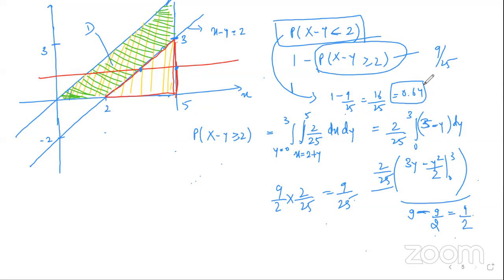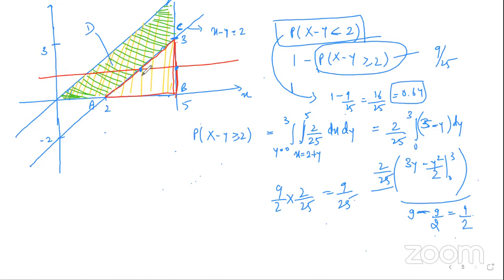Let's name this area A, B and C. In this region A, B, C, since we have to integrate with respect to x, I will draw a horizontal line. I drew a horizontal line and I saw that this line is cutting this curve, x minus y equal to 2, at x equal to 2 plus y.